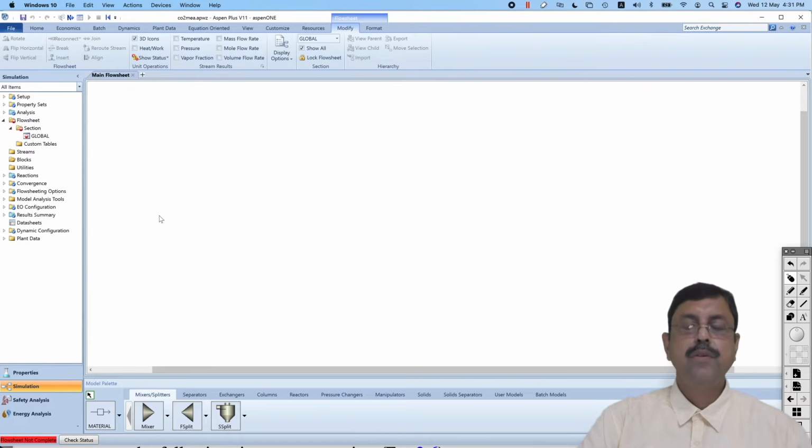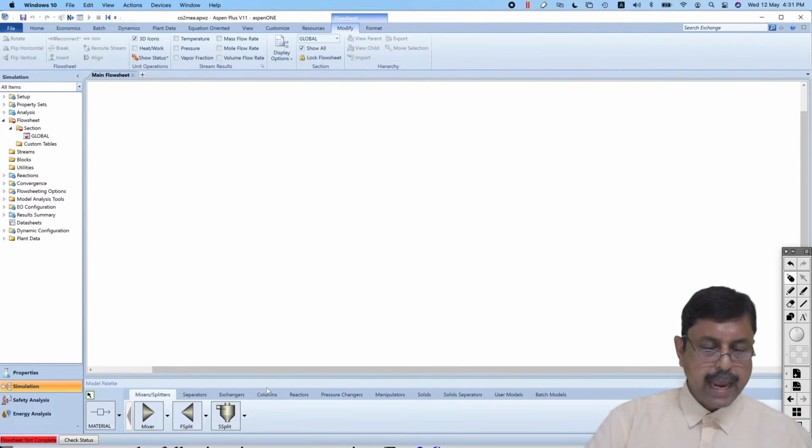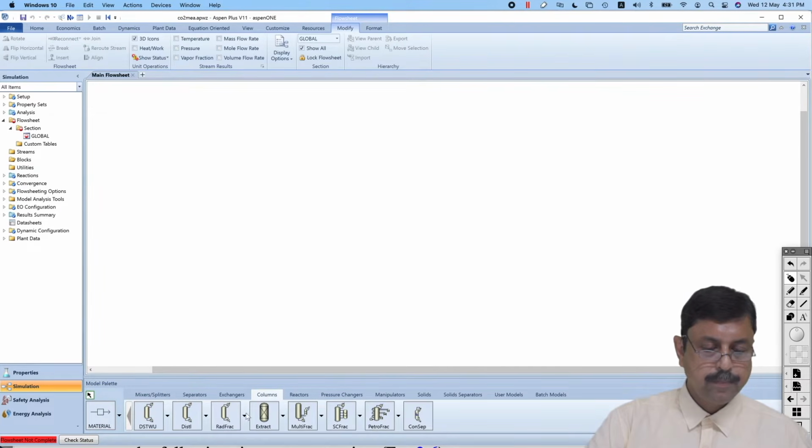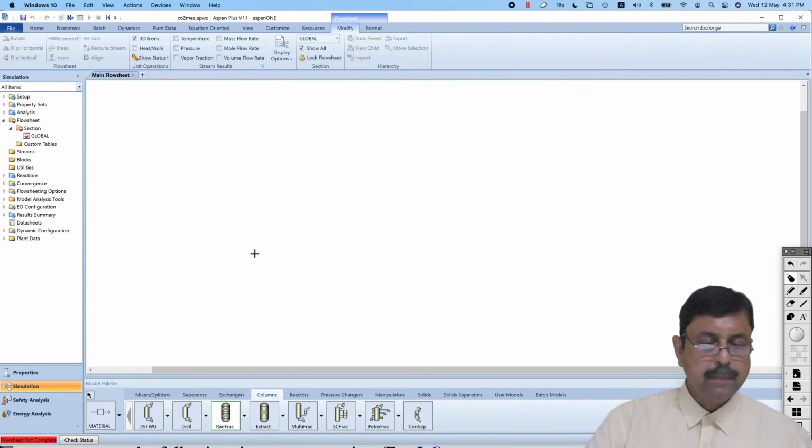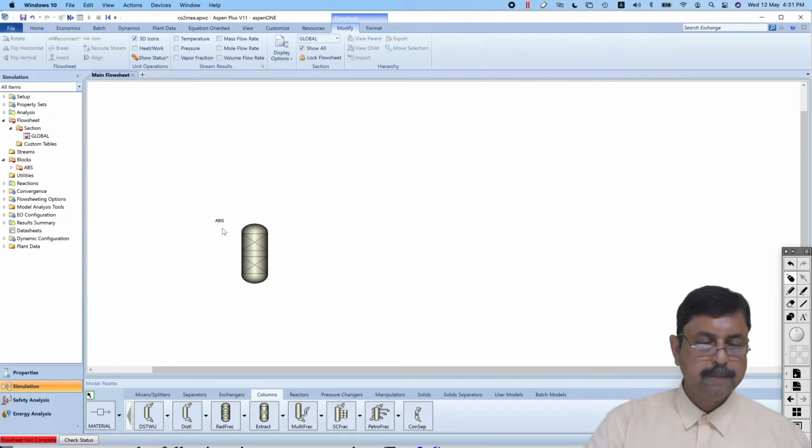Okay, so this is the main flowsheet. We have to add a column first. So RadFrac, we use a packed bed column. Let us increase the size a bit. Okay, name it as ABS.